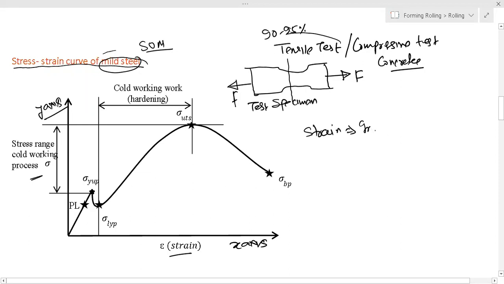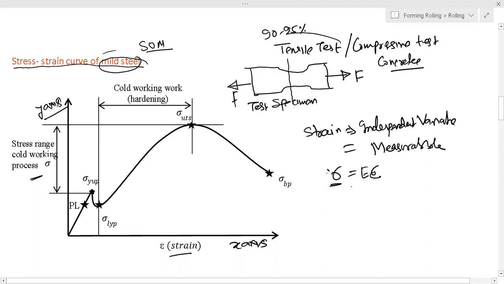Strain is an independent variable, and that is also measurable. And applying Hooke's law, we can find the stress.